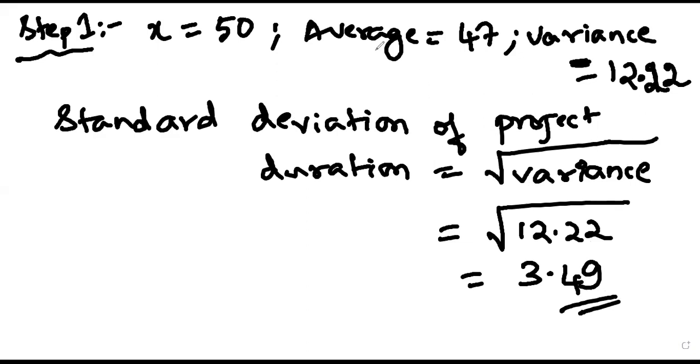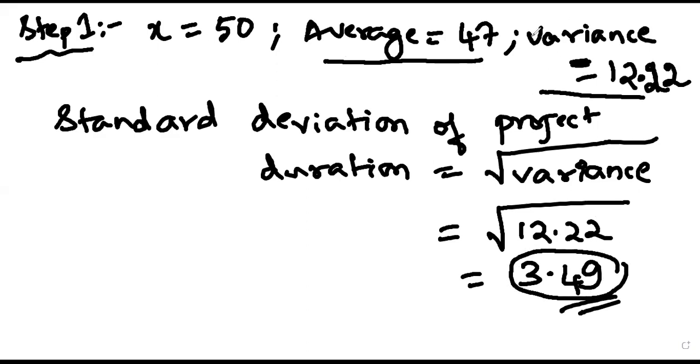The first step is we have to locate x on the x-axis. Right? That should be the first step. Now, what is given? The given data is the average project completion duration and the standard deviation. That means, on an average, the project takes 47 days to complete, and there may be plus or minus 3.49 days.